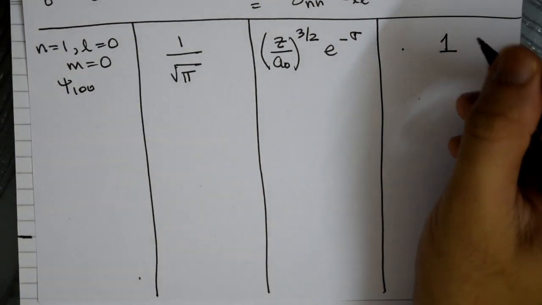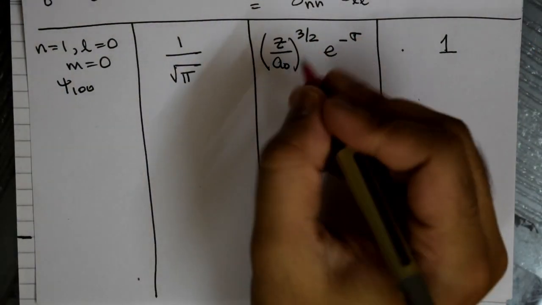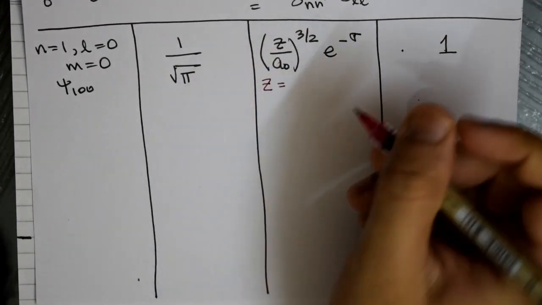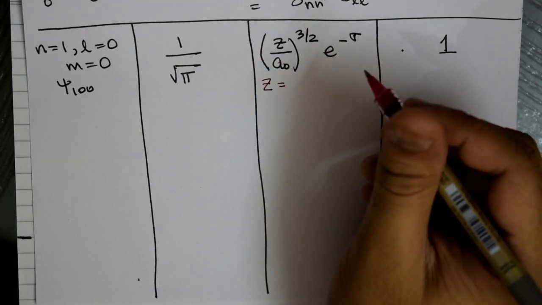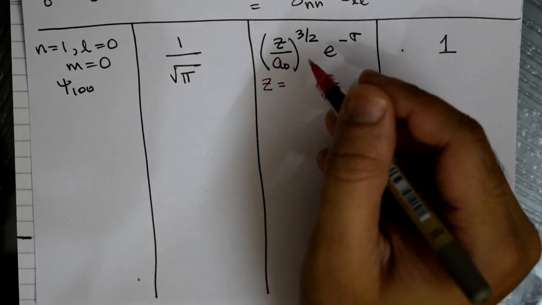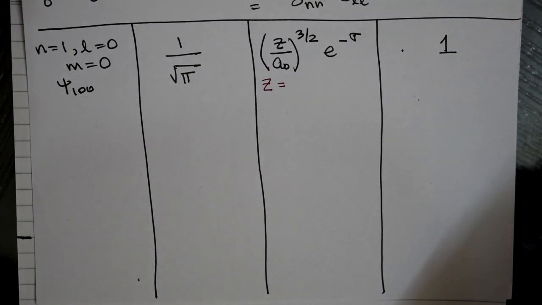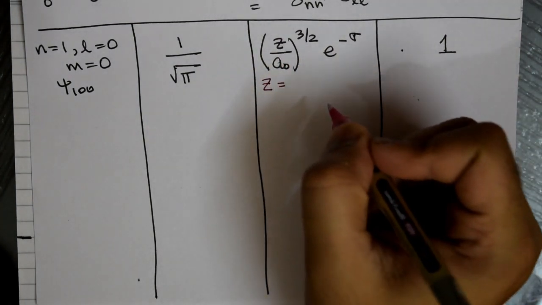You might remember Y00 is nothing but the value 1. Yes, Z is nothing but the charge that's present in the nucleus. So you're looking at hydrogen-like systems where, let's say, you take helium He plus, you will be talking about Z as 2, and lithium 2 plus as Z as 3, and so on, right?